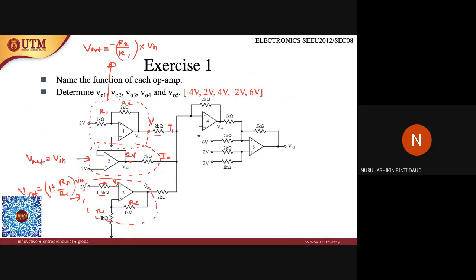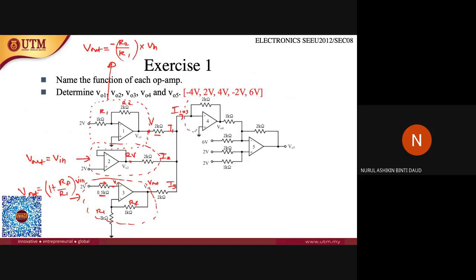Get the value of V in first from here, and then you will get the value of V out. Once you get the value of V out, you can calculate the value of current here. Let's consider the current here is I3. So the I that flows here is I1, I2, I3. Once you get the value of I here, you can solve this configuration pula.